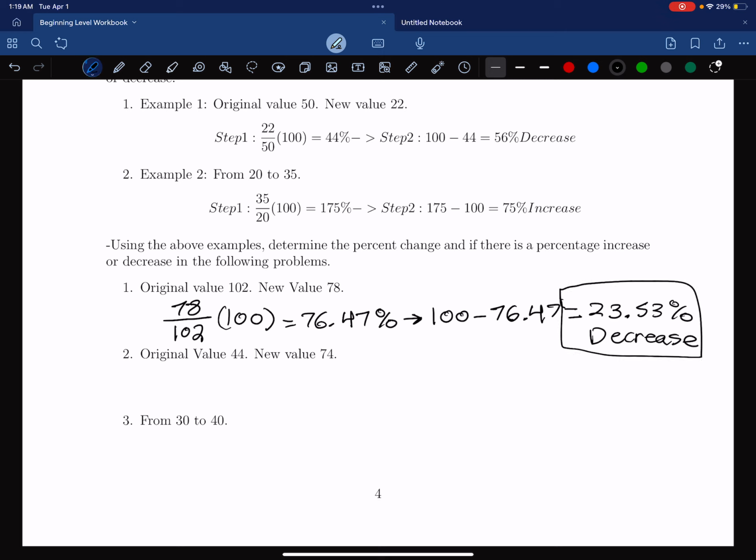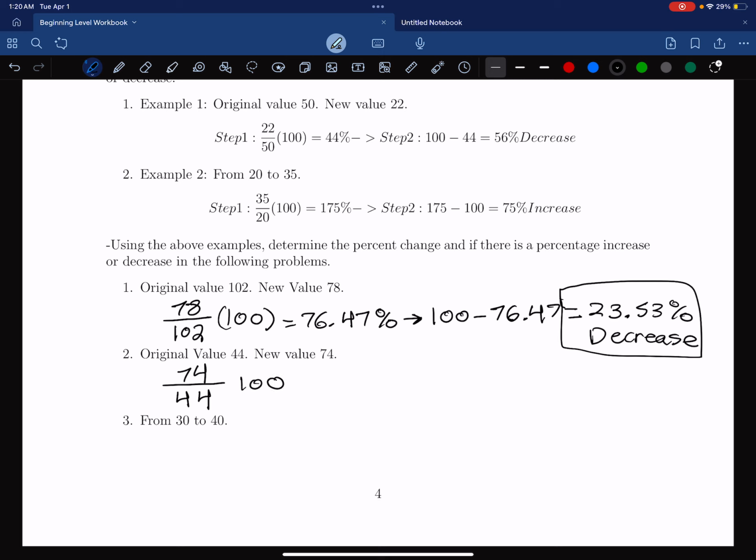Looking at example 2, we have an original value of 44 and a new value of 74. Please pause the video and try this on your own. And assuming you have worked through it, let's go through it together. We have an original value of 44, so we put that in the denominator. We have a new value of 74, so we put that in the numerator.